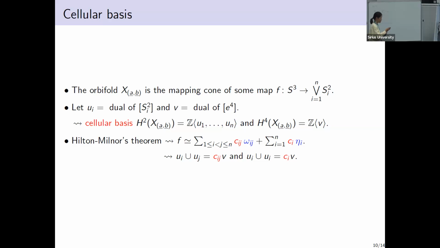But one thing is that from this homotopy theoretical point of view, we can obtain a cellular basis, but it is not clear how these Cij and Ci are related to the characteristic matrix.